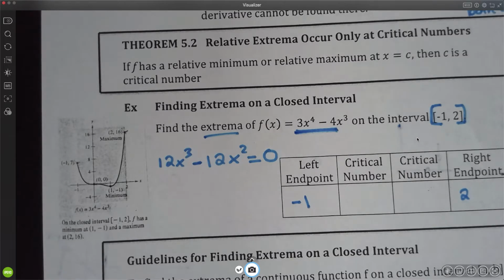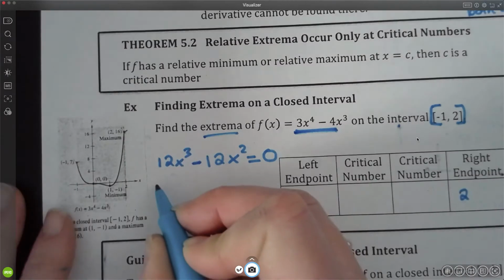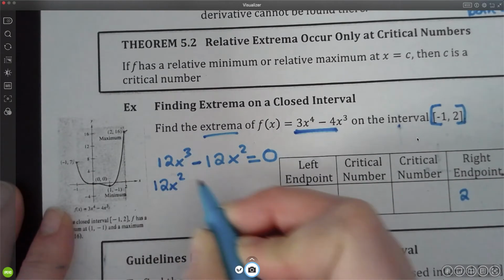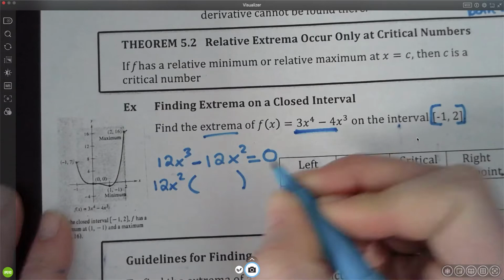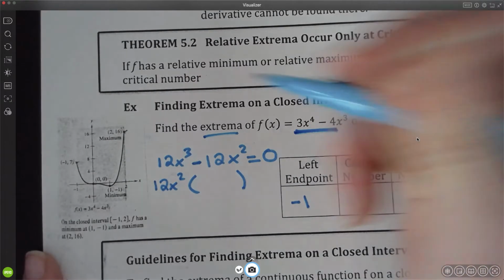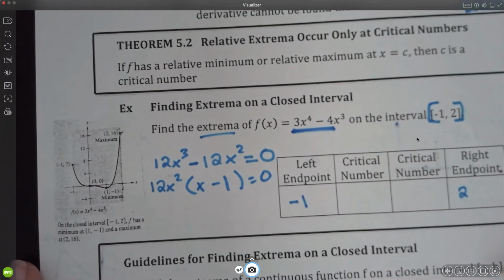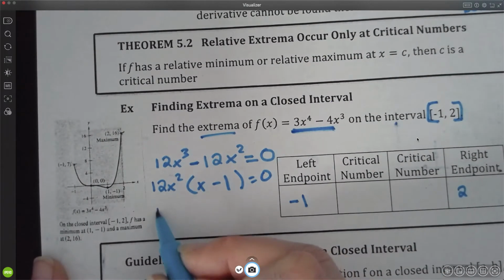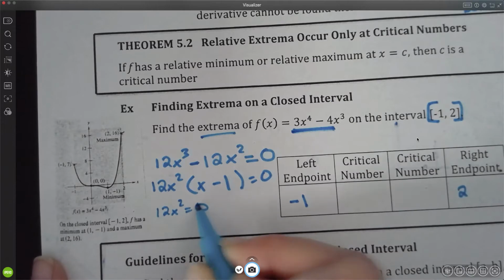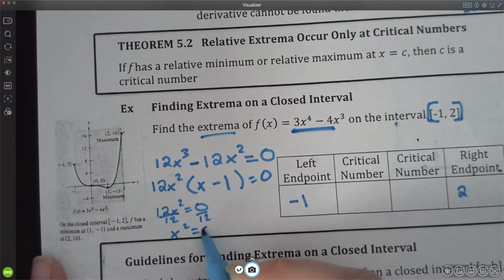Yeah, take out an x squared. Really, you could take out 12x squared if you wanted to, and left over would be x minus 1. If I set both pieces equal to 0, if I set 12x squared equal to 0, I would divide by 12, so x squared is still 0, and I take the square root.